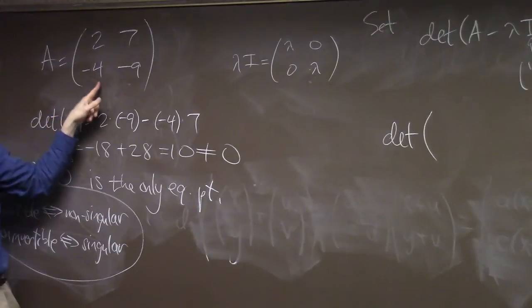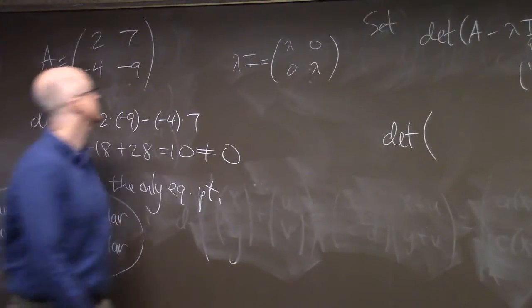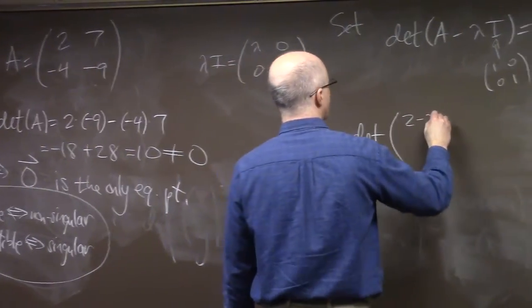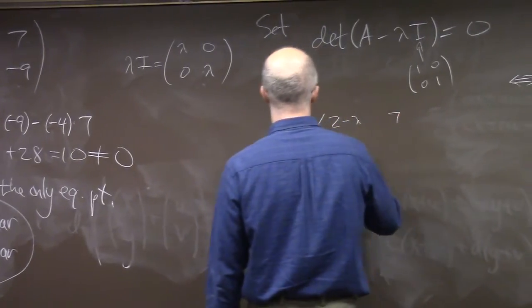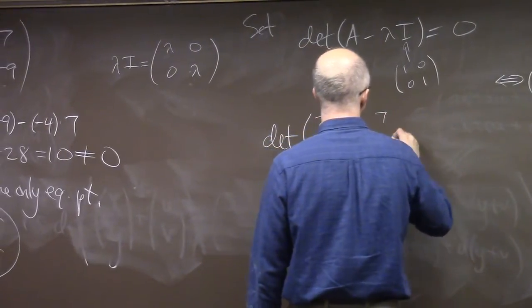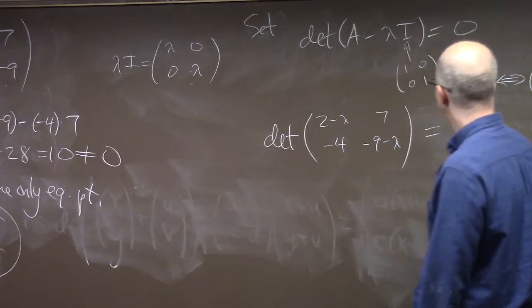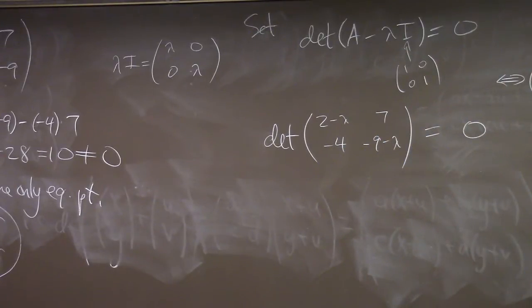The off-diagonal entries do not change. So we get a matrix 2 minus lambda, 7, -4, -9 minus lambda. I'm setting that equal to 0 and seeing if I can solve for values of lambda. Look okay, or is there a mistake?